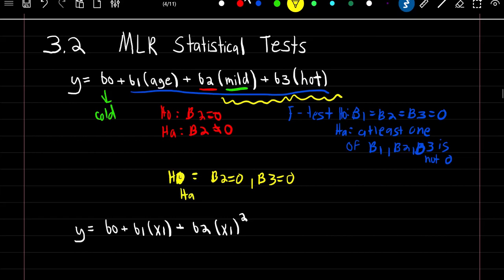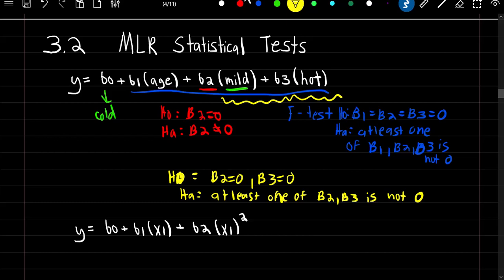And our alternative hypothesis would be at least 1 of beta 2 or beta 3 is not 0. So if you fail to reject the null hypothesis, then you can say that the means of mild, hot, and cold are the same. And if you do reject, you can say at least one of them is different, in which case you would keep all 3 in the model.